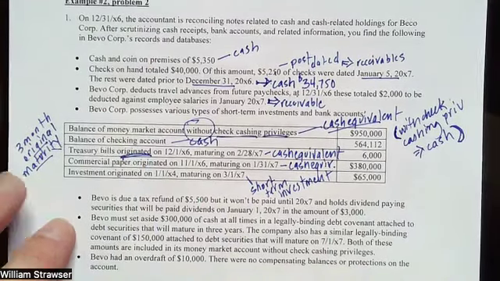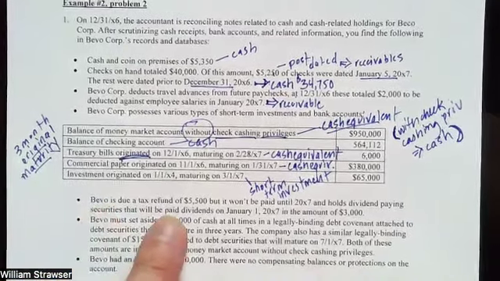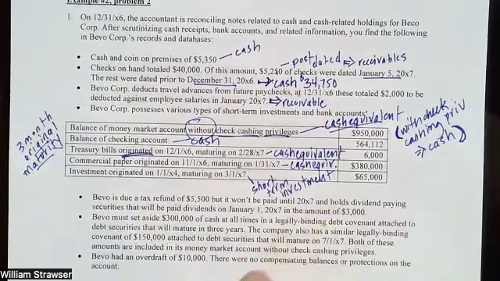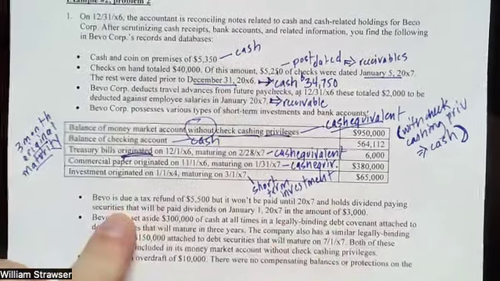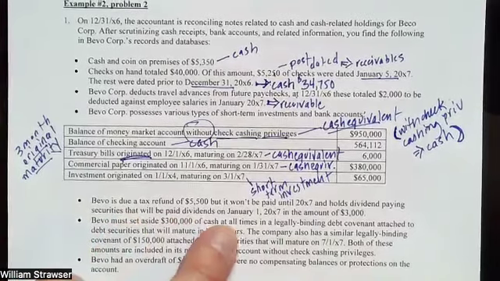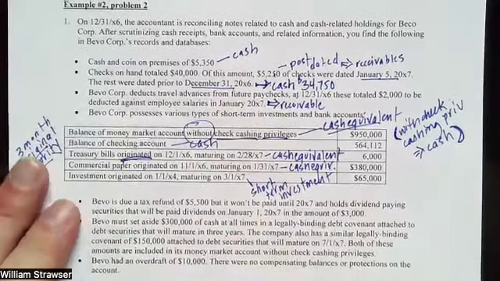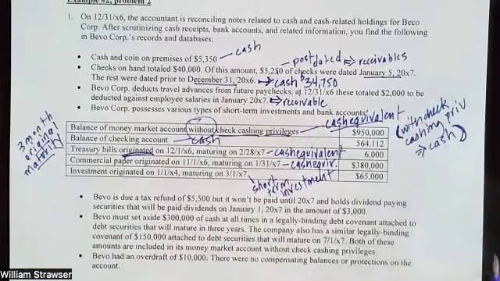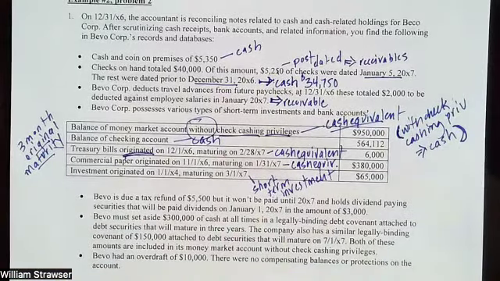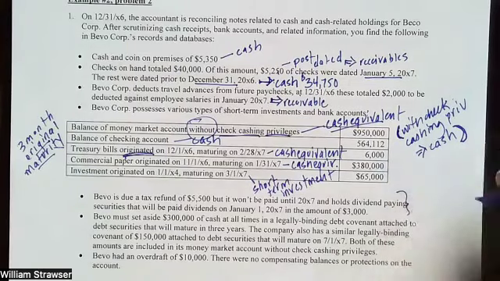All right. Bevo is due a tax refund that will not be paid until 20x7. It also has dividend paying securities that will be paid dividends on January 1st, 20x7 for $3,000. These are both receivables. They are both amounts of money that are coming to us in the future, but have not yet come to us.